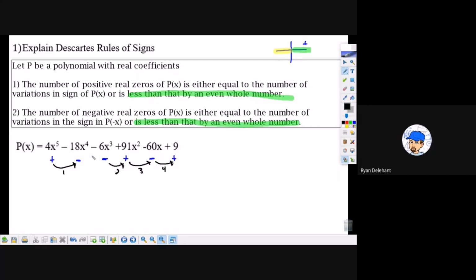So what this theorem states is, since I saw 4 sign changes here, my count of positive zeros could be 4, or it could be less than that by an even whole number. What are even whole numbers? Even whole numbers are 2, 4, 6, 8, and so on. So what is 4 minus 2?